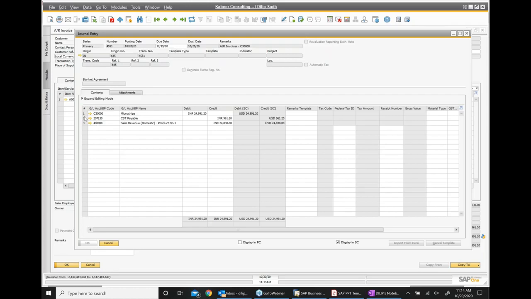It's just an example. Every company normally has their own chart of accounts. They give it to us, so they will give it to you as an implementing company. They may not necessarily have this 4000. They might have some other number.